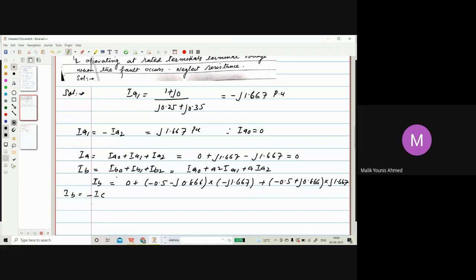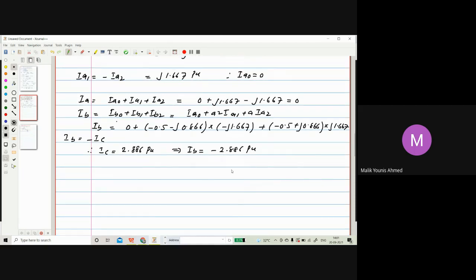Therefore IC will be 2.886 per unit. That means if this is this, then the IB value will be minus 2.886 per unit. So these relations are very important. You have to remember these relationships.